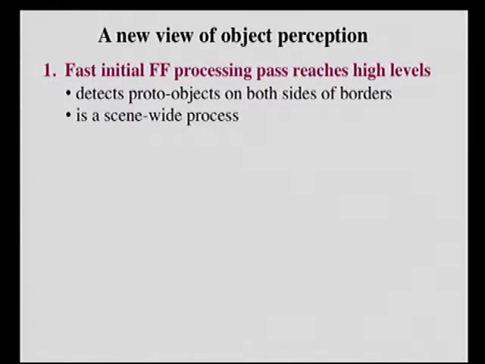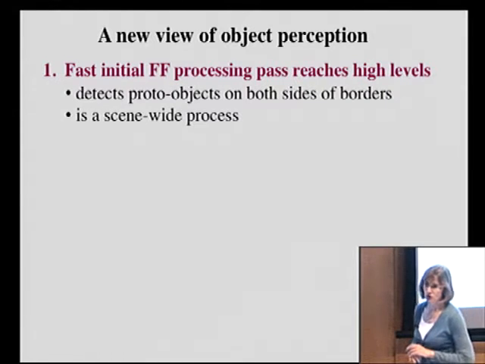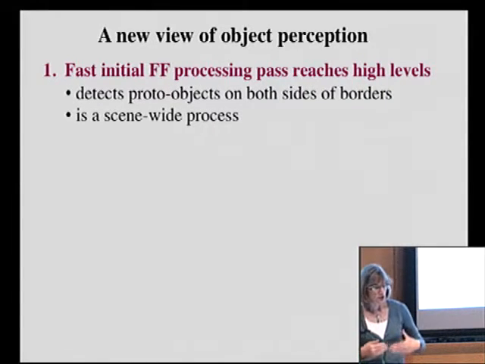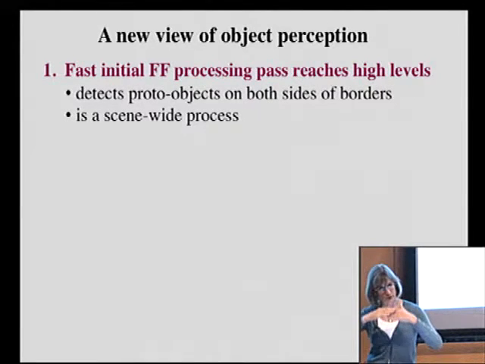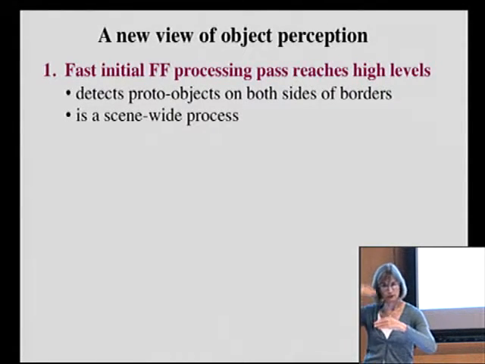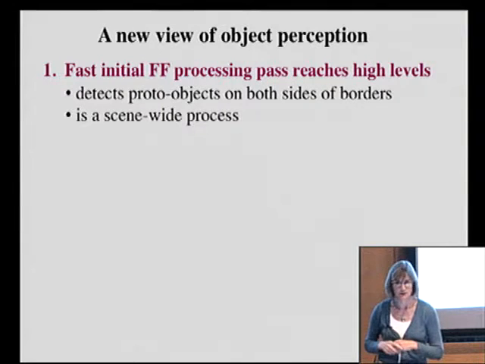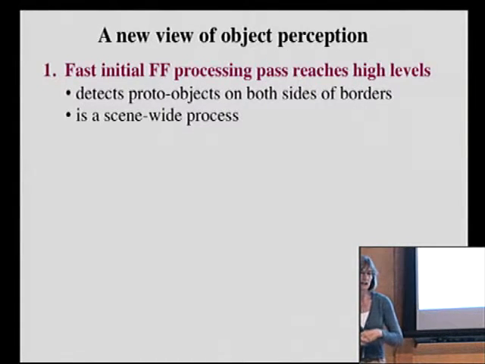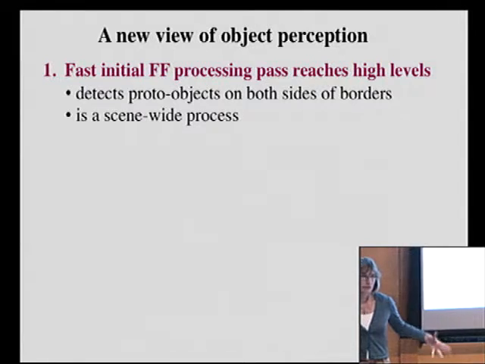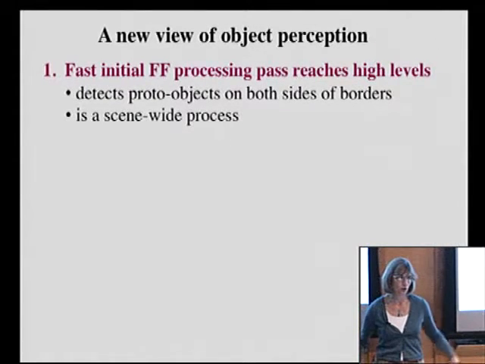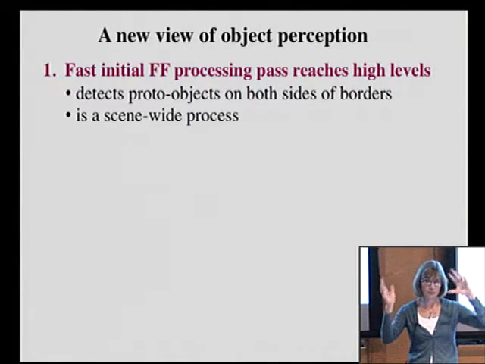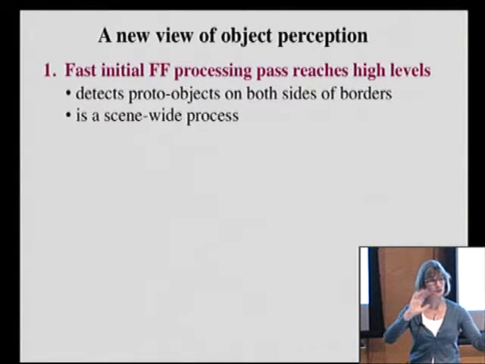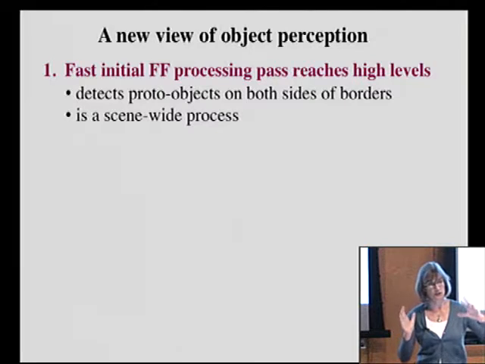All right, so based on this experiment, and actually many, many others, my colleagues and I proposed a new view of object perception. So rather than this sequential view that says, well, first you do object perception, then later on you access object memories, we propose that there is a fast passive processing that goes up to the highest levels of the brain, identifying the properties that are object properties on both sides of borders in the visual field.